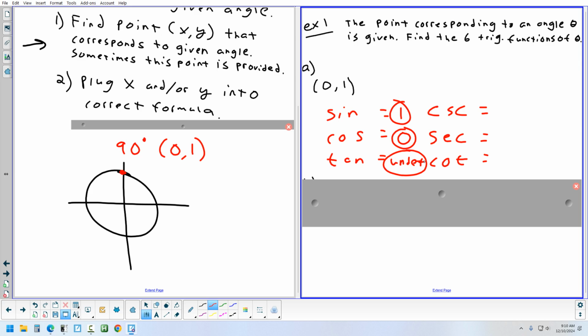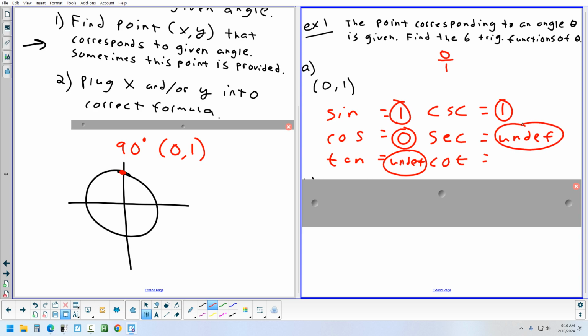All right, now that we have the 3 on the left, we flip them all, and that gives us the 3 on the right. What do you get if you take the number 1 and flip it? Yep, 1. How about if you take 0 and flip it? If you're not sure how to flip 0, think of it as 0 over 1. That's what it is now, and you're going to flip that. That becomes undefined.